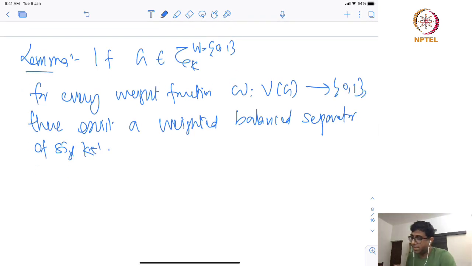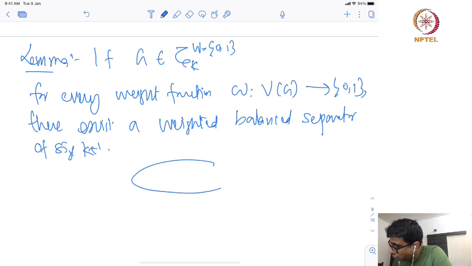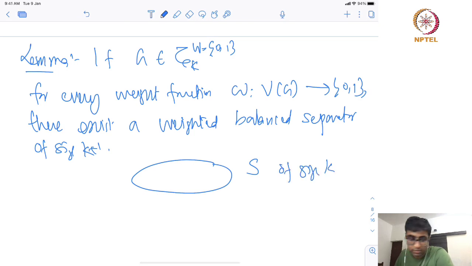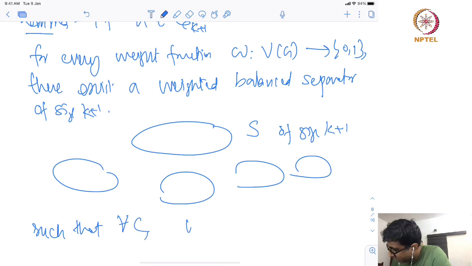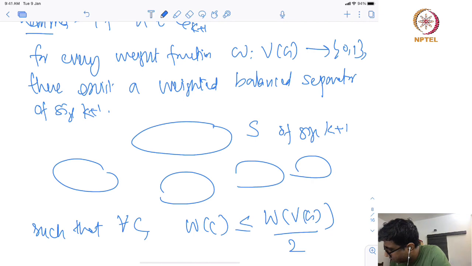So I will be able to find some set S of size k plus 1 such that for all components C, the weight of C is at most the weight of the vertex set of G divided by 2.